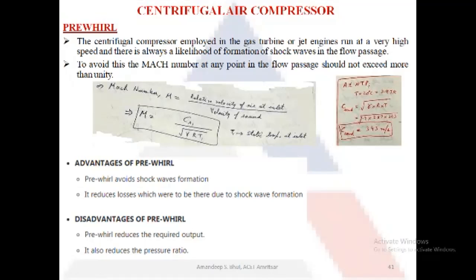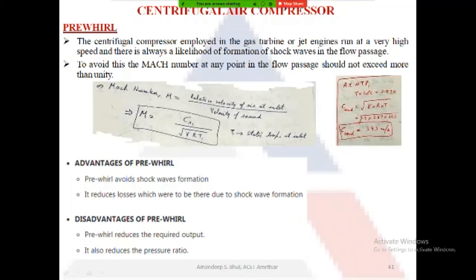A sonic boom is created. This sonic boom is a very loud sound that is produced when we cross the sound barrier, and it's like an explosion that takes place, and a lot of shock waves are produced.